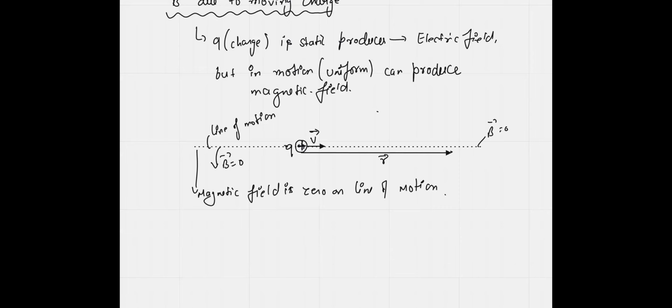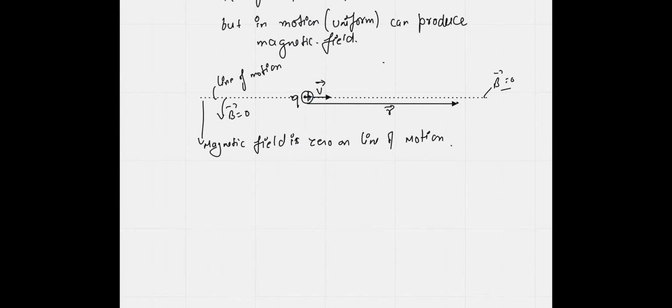So what is the angle between v and r? If you calculate the magnetic field on this line of motion, it comes out to be zero. Whatever we are discussing right now is experimental, we can't do a derivation. If the angle between v and r is zero, then the magnetic field is zero.